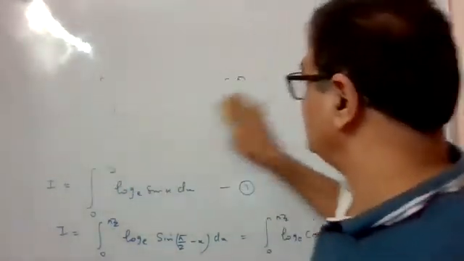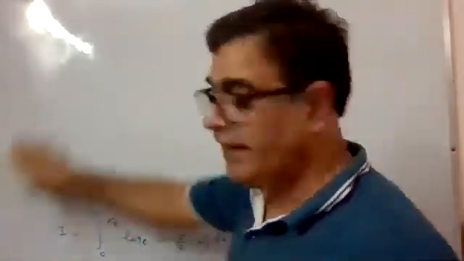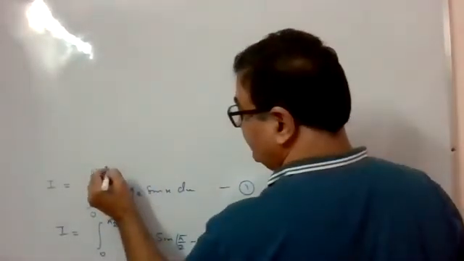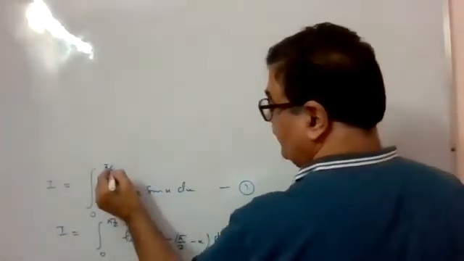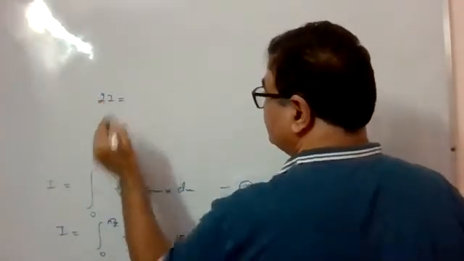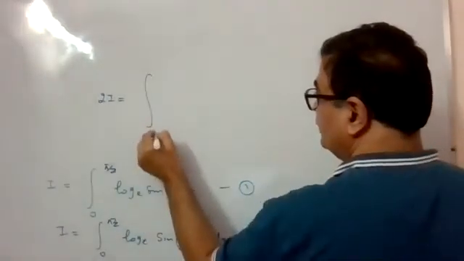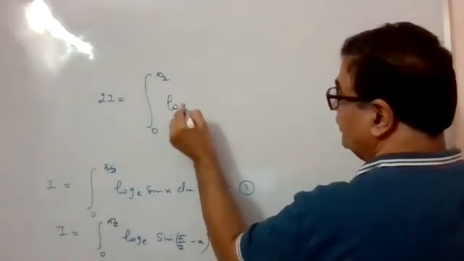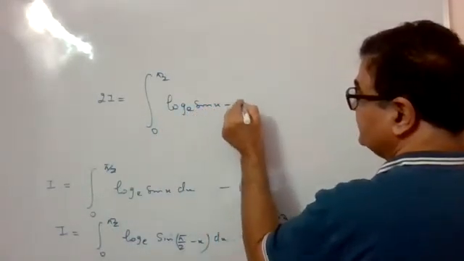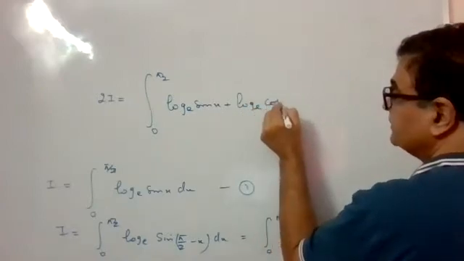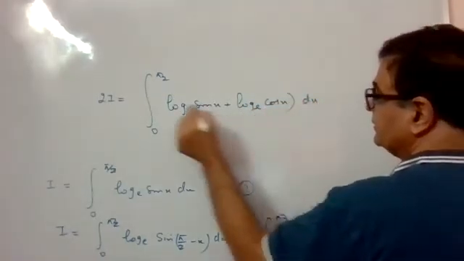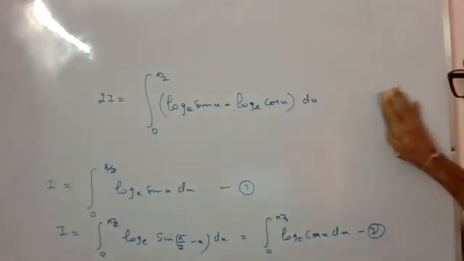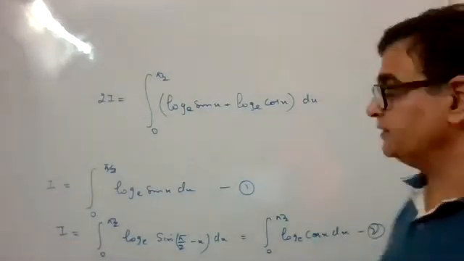Now after getting equation 1 and 2, I'll add these two equations. So equation 1 is this, equation 2 is this, we will add them. When you add, it will come out to be 2I equal to the integral 0 to pi by 2 of log sin x plus log cos x dx.